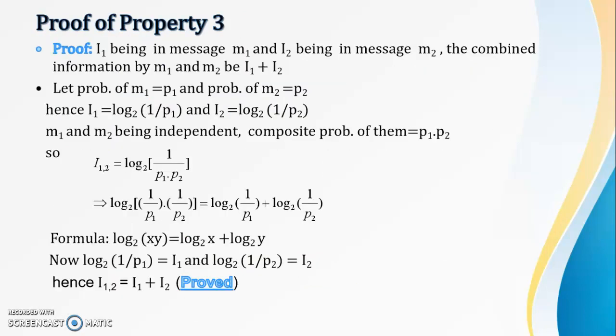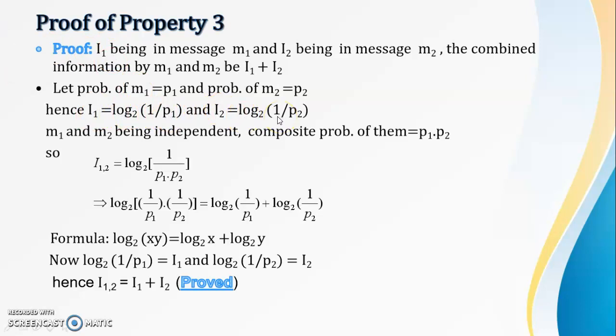Now comes property 3. It says if I1 is the information of M1 and I2 is the information of M2, then the combined information of M1 and M2 is I1 plus I2. Let the probability of occurring of message M1 be P1 and that of M2 be P2. So information contained I1 equals to log 2 1 by P1 and I2 equals to log 2 1 by P2.